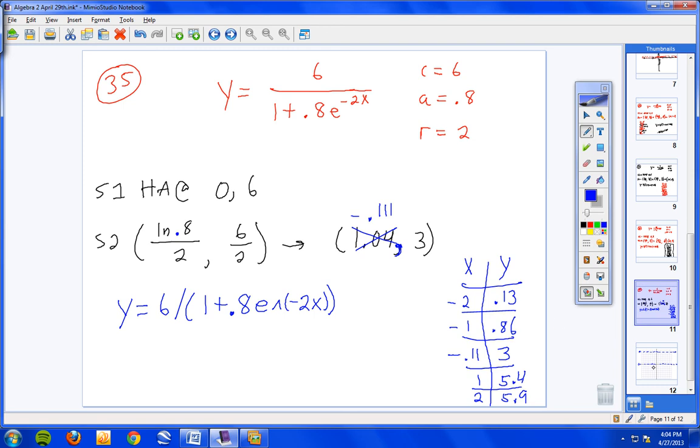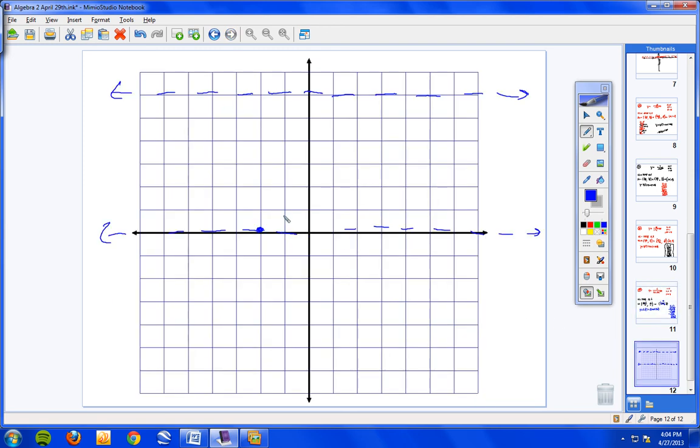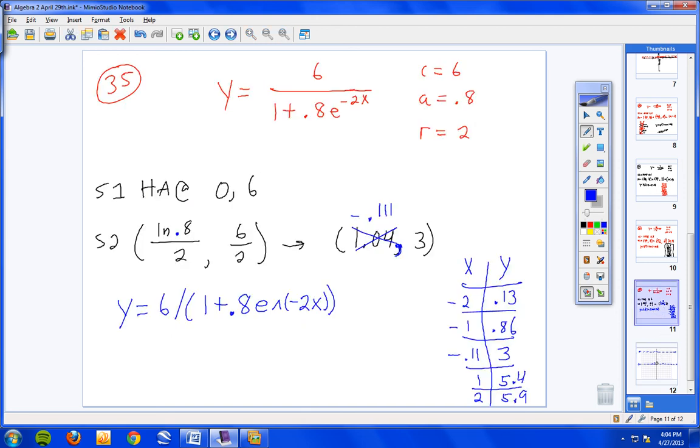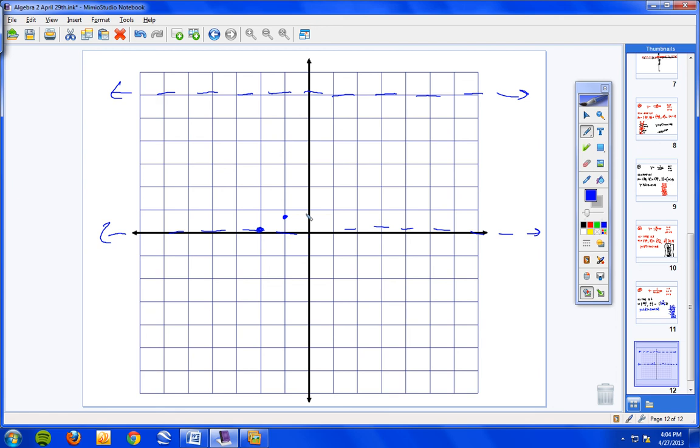And the next would be negative 1, 0.86. And the middle value would be negative 0.1, all the way up to 3. So just about right there. I'm going to go ahead and sketch part of this graph. I'm going to stop right at the middle value right there. So you can see part of the graph taking shape here.